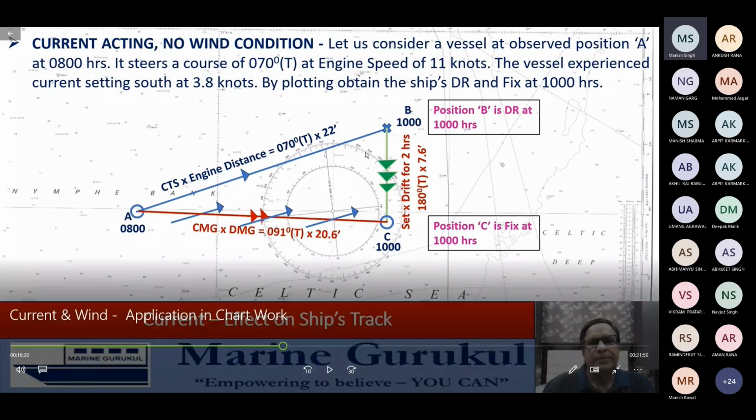The actual track is obtained as their resultant, which is A to C. The ship was actually moving on A to C. The ship was moving on this particular track and it was steering 070, which is represented by the blue color arrow.